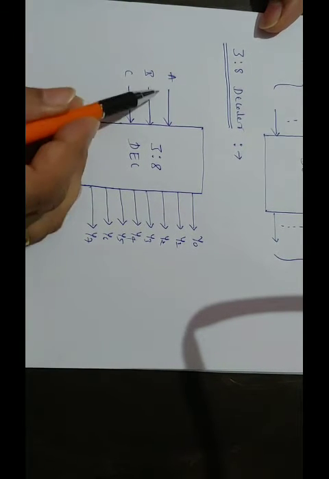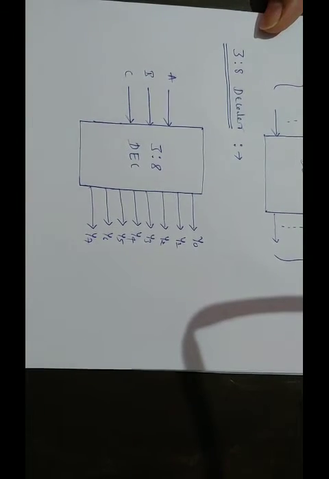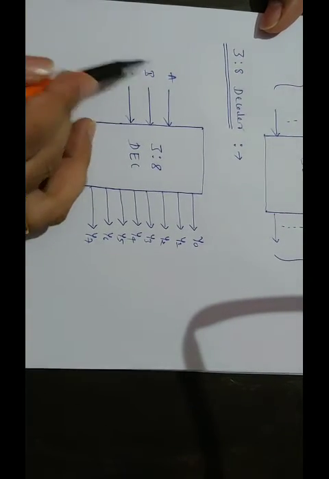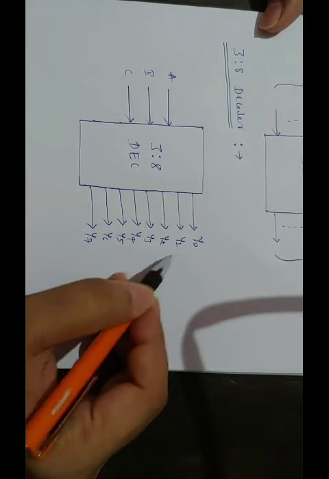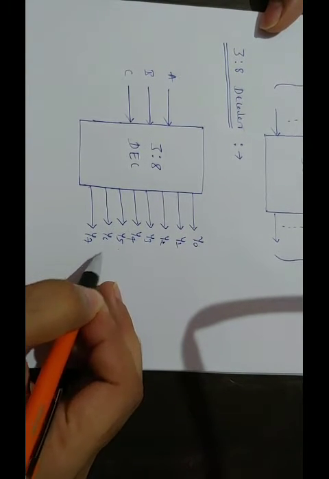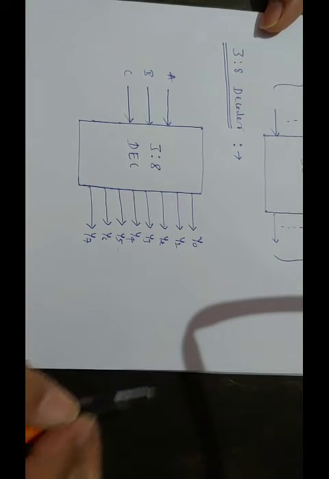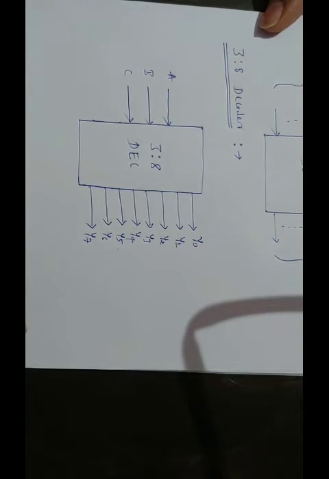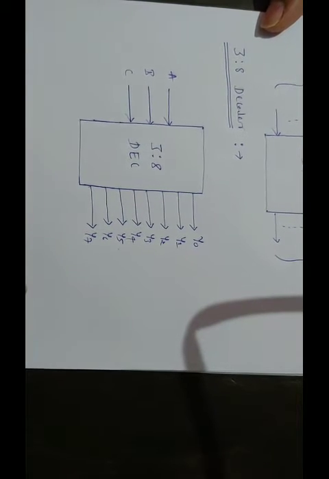So the input 101, which is my 5, has been converted into 0 0 0 0 0 1 0 0. That means it represents another set of code. This is the main function of the decoder.